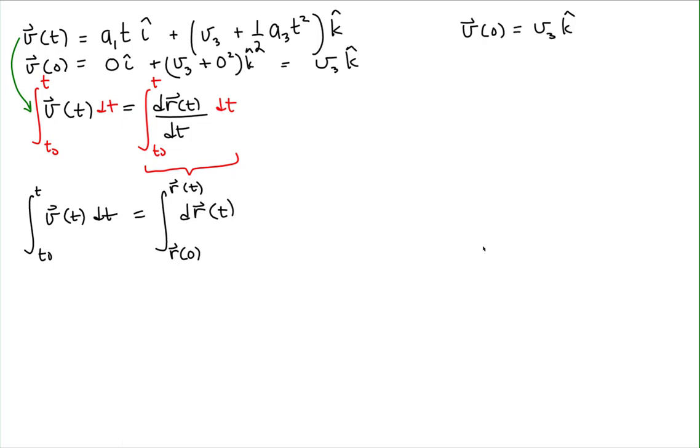So the right side of the integral works out to be the position vector as a function of time evaluated from our initial position to our function. And that is equal to, so I'm going to kind of mirror image this equation, the definite integral with respect to time of our velocity function.